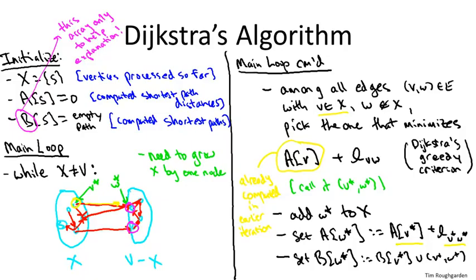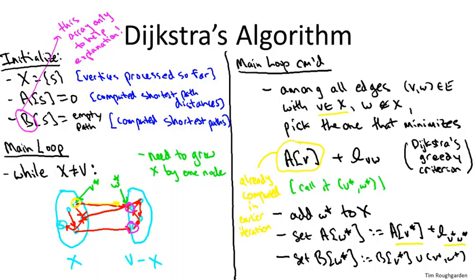Well, we compute the Dijkstra greedy score for each. The Dijkstra greedy score is defined as the shortest path distance we computed for the tail, and that's been previously computed because the tail's in capital X, and then we add to that the length contributed by this edge itself, by the edge VW, which is crossing the cut from left to right. So amongst all edges crossing the cut from left to right, we compute all those Dijkstra greedy scores.